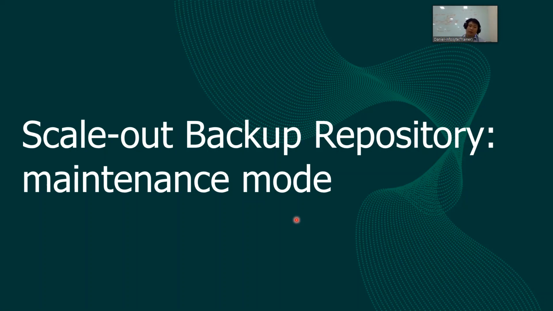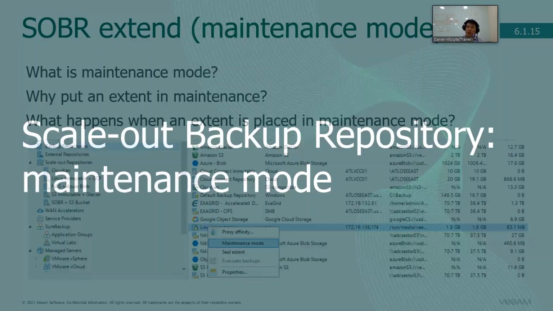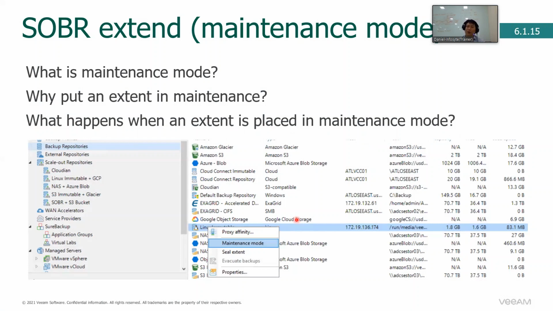Now, when you look into SOBR, I have the performance tier repository, right? What if one of the repositories, for example, I want to shut down temporarily to do some maintenance, or maybe to change the disk or the card itself? You can mark the repository as being in maintenance mode.